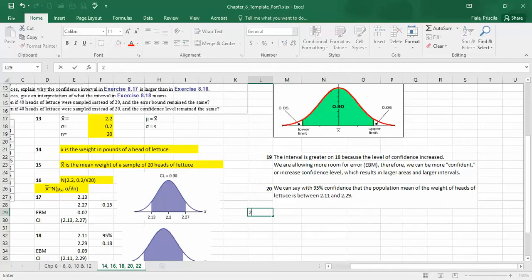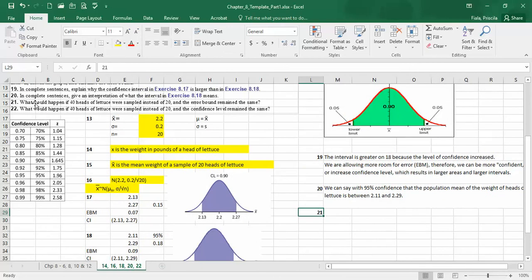Okay, 21. What would happen if 40 heads of lettuce were sampled instead of 20 and the error bound remained the same? Well, right here, you increase your sample size. If you remember from the central limit theorem, the more you increase your sample size, the closer you're going to get to your mean, right?